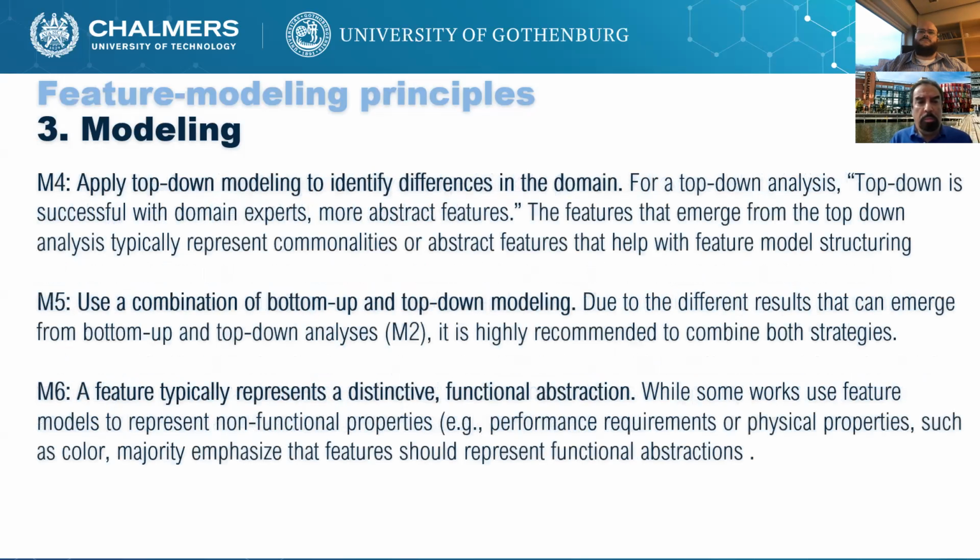At the same token, it can be a top-down approach, and they say this is good for experts in domain engineering who like to look at it from the abstract side, understand the big picture first, and then go down in hierarchical decomposition to understand how these abstract features are connected to the artifacts and to the software itself. Or sometimes you use a combination of both, bottom-up and top-down, to understand your feature model.